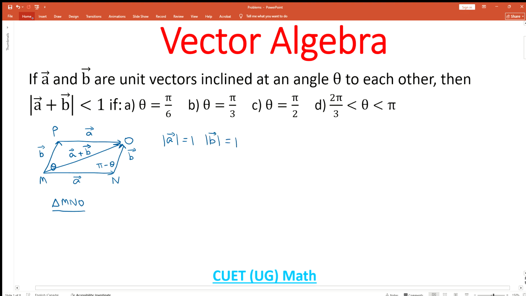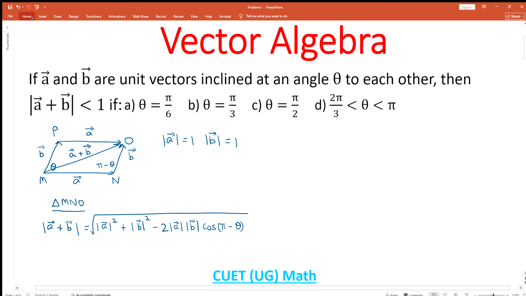We can use cosine law to write an expression for magnitude of vector A plus vector B. As per the cosine law equation, I get magnitude of vector A plus vector B is equal to magnitude of vector A square plus magnitude of vector B square minus 2 times magnitude of vector A times magnitude of vector B times cos pi minus theta, all under the square root.